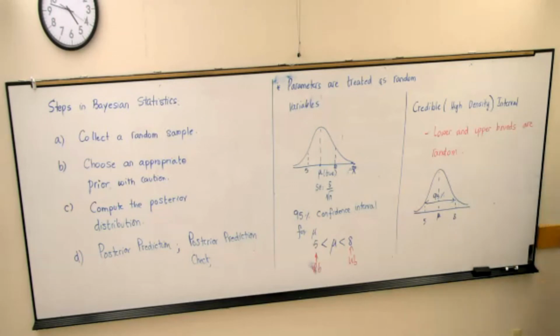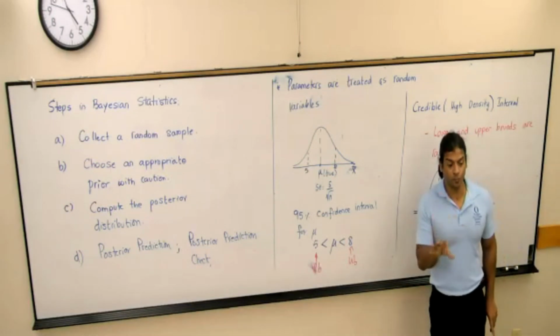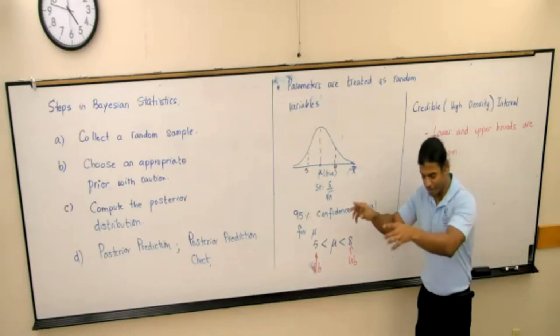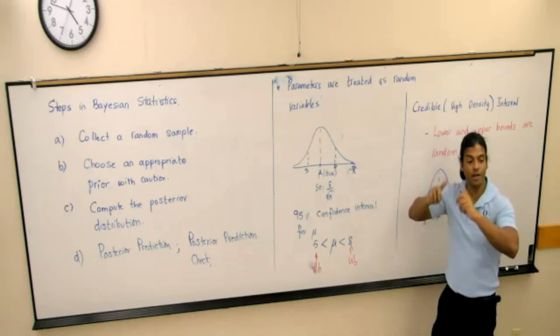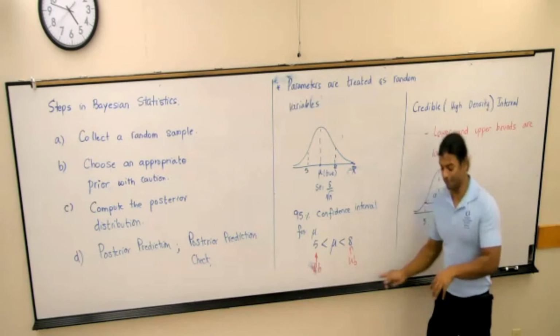Slight difference in interpretation. Here, we're saying that if you sample 100 times, 95 out of those 100 times, the sample mean will fall here.